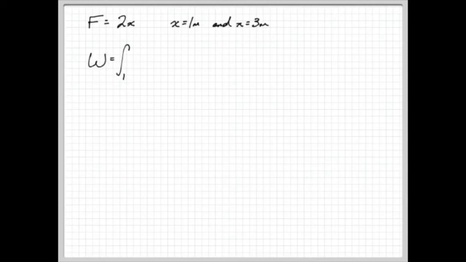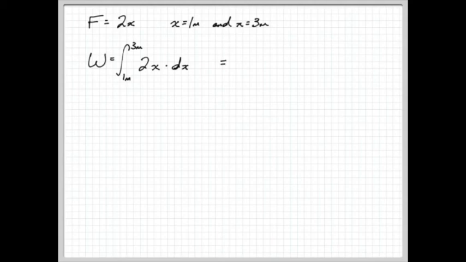Okay, so if we do an example, let's say force is an expression, say, we'll just say it's 2x. So as x increases, the force is constantly doubling based on its position. And we want to find the work done between x equals 1 meter and x equals 3 meters. So the work done would be an integral from 1 to 3, it's 1 meter to 3 meters, of our force function, which is 2x, over small changes in x.